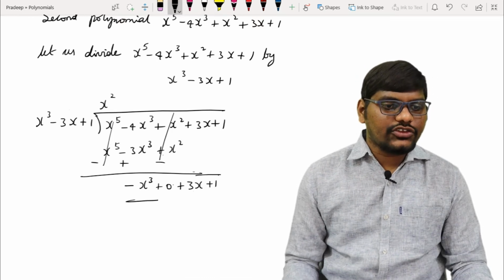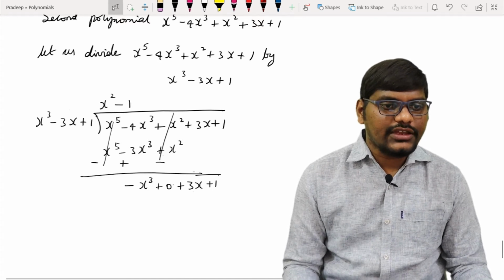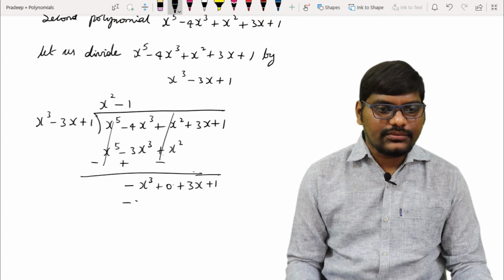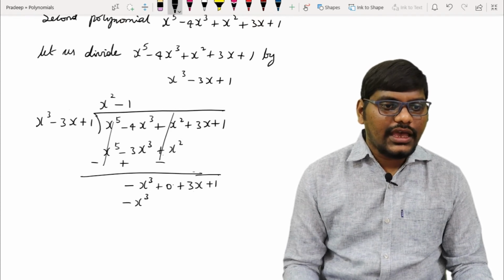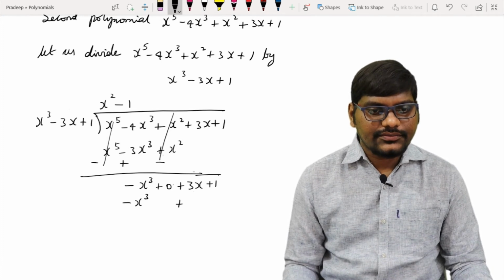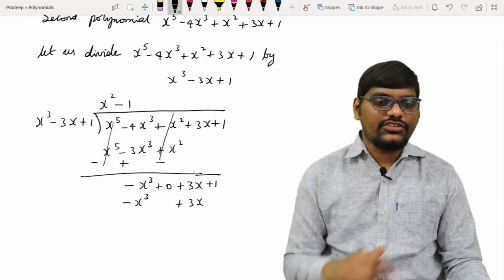Next term is 3x, we'll write here, and plus 1 also we'll write downstairs. Now this is x cube and this is x cube. If I write minus 1, x cube into minus 1 is minus x cube. Again 3x into minus 1 is, minus into minus is plus, so minus 3x into minus 1 is plus 3x.